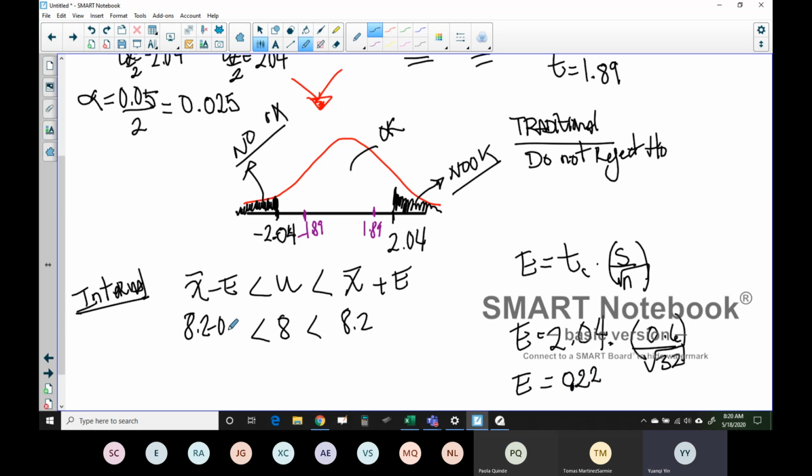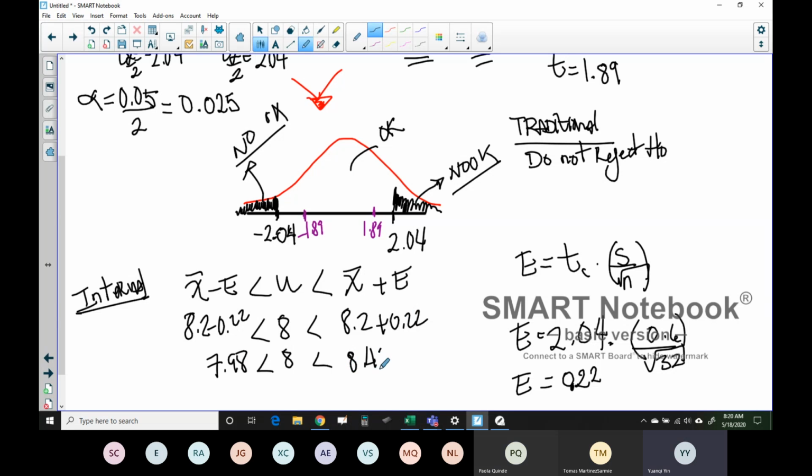So I'm going to subtract 0.22 and add 0.22. If I subtract 8.2 minus 0.22 on the left, I get 7.98, and the 8 goes in the middle. If I add 8.2 plus 0.22, I get 8.42.